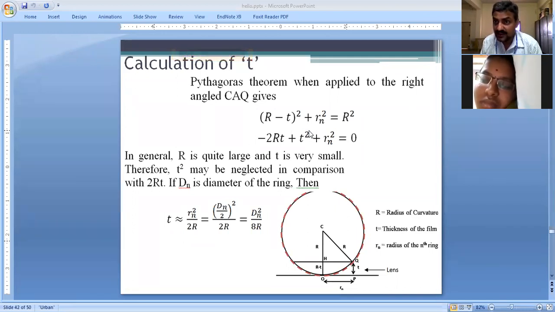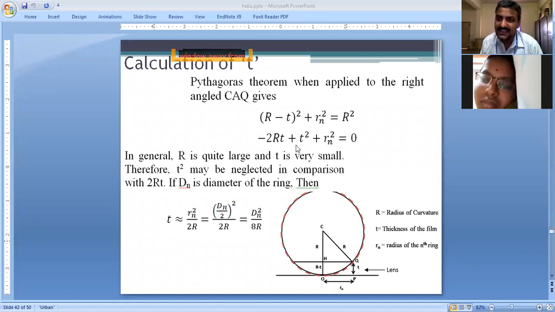Definitely the square will be greater. Whereas for quantities less than 1, the square is going to be much smaller. If you take 1 by 2, which means half, 50%, and take 1 by 2 square, which is 1 by 4, that means 25%. So for quantities less than 1, the square will be much smaller than the original quantity.